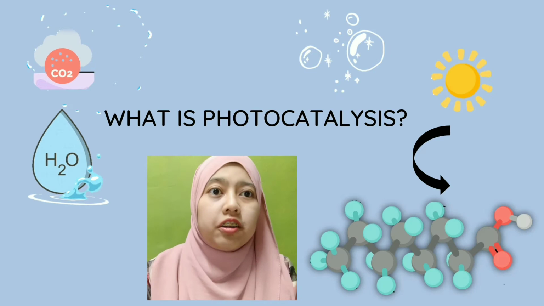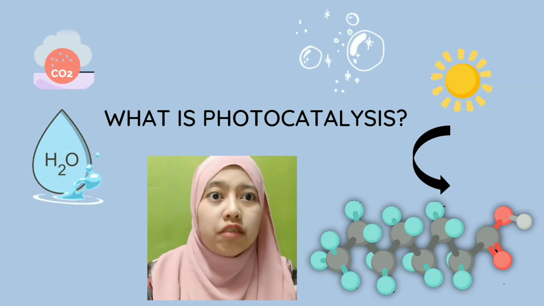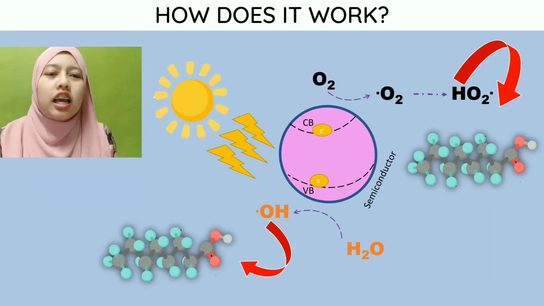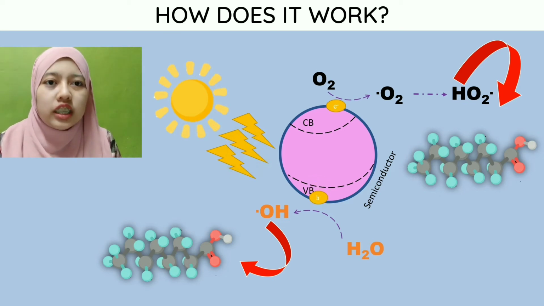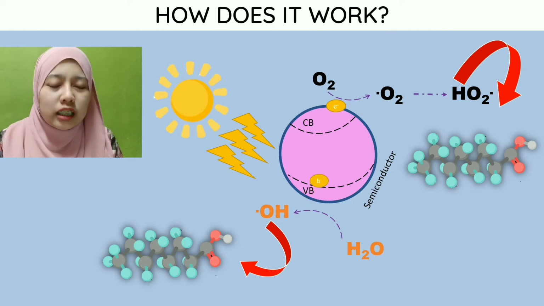What is photocatalysis and why photocatalysis? Photocatalysis is composed of two parts, photo and catalysis, which use light to activate a substance, which modifies the rate of a chemical reaction without being involved itself.